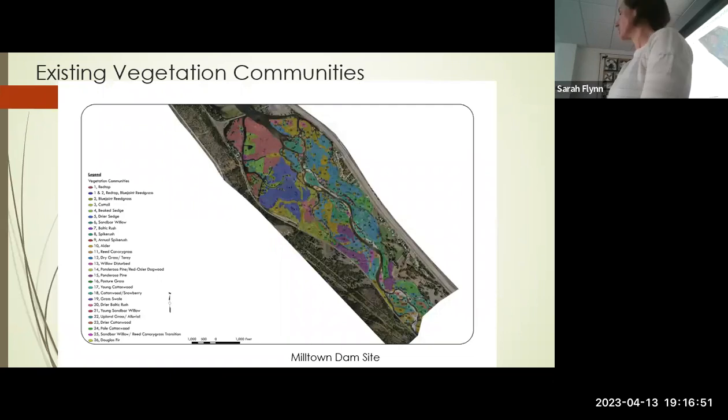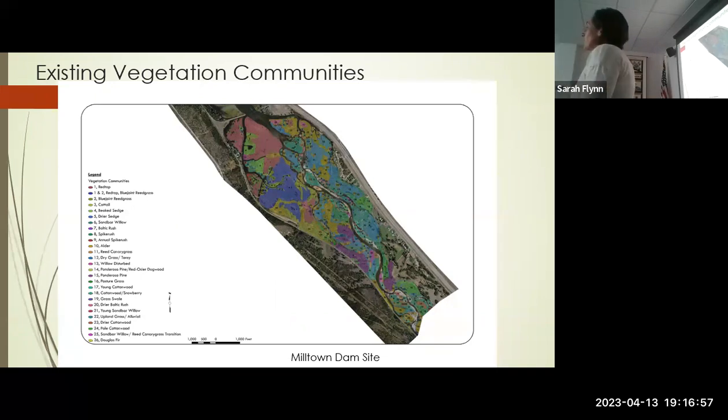So what does that look like when we define our existing communities? This is the Milltown Dam site where the dam was removed and the floodplain was rebuilt. Before that project happened, we were part of a larger design team that went out and did vegetation mapping in the part of the dam and reservoir that wasn't the reservoir, so upstream from the reservoir, and mapped those vegetation communities.